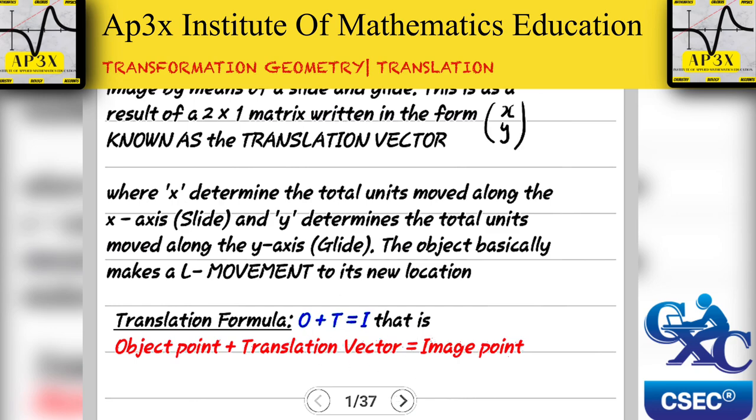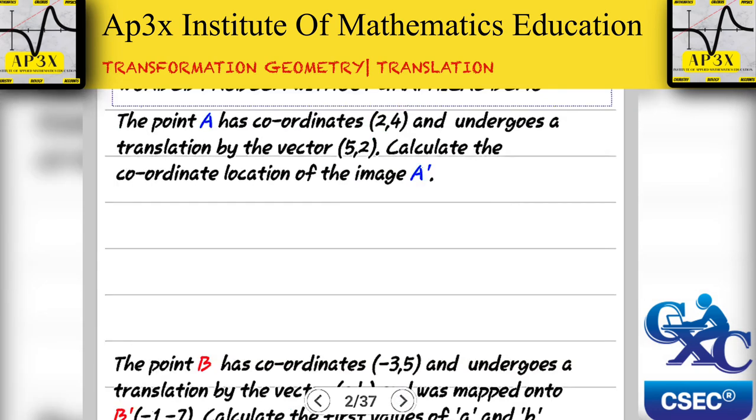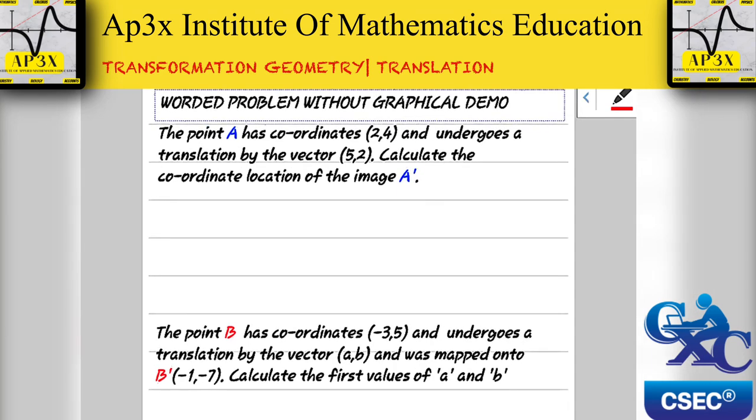Now, to make more sense of it, let's get into the calculation aspect. We're going to start off this particular video with some worded problems without any graphical demonstration. Please note that if you have an equation with 3 unknown variables, to find any one of those variables, you must be provided with 2 of the variables of the 3.